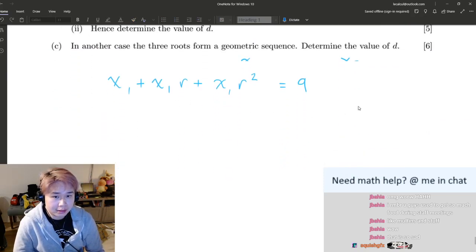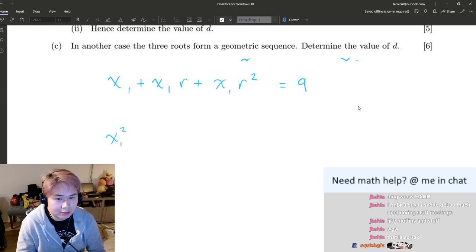So what do we got? Let's multiply these two first. So then you have x1 squared times r. Then let's multiply x1 and x3. So you get x1 squared times r squared.